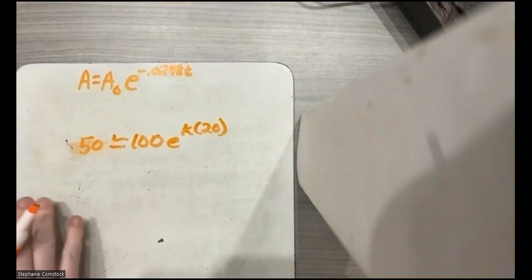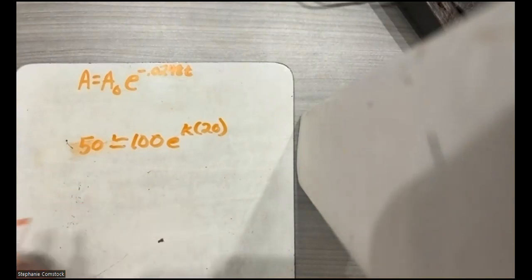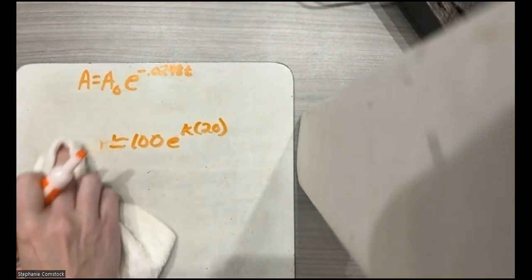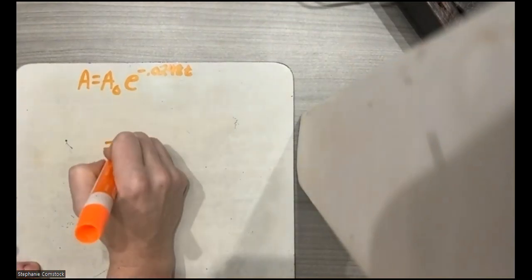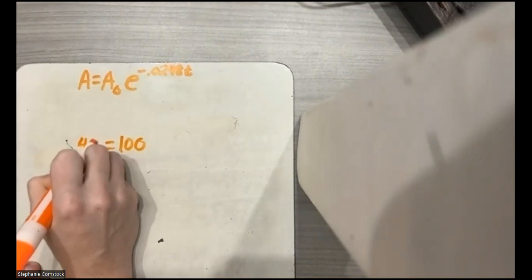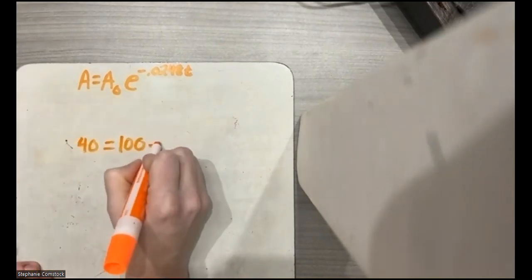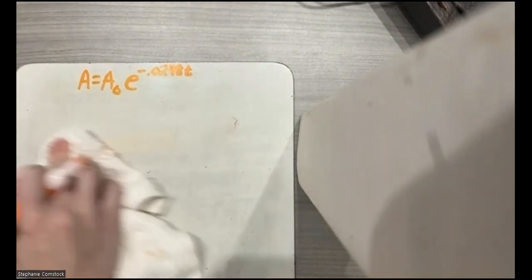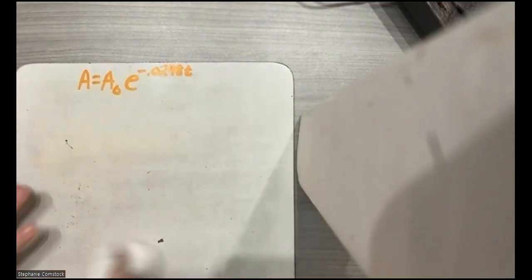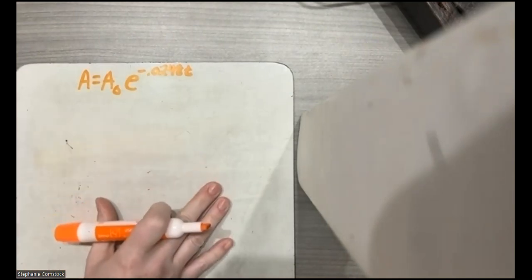Again, picking values that work well with half, okay? And then once I had this figured out, and let's say that they had 40% of a sample left, then I could use 40 out of 100, e to the negative, whatever this was, okay? So utilizing numbers to help make this a little more concrete can be helpful.